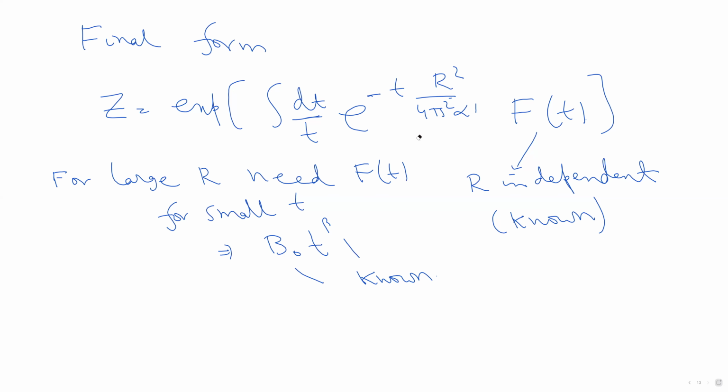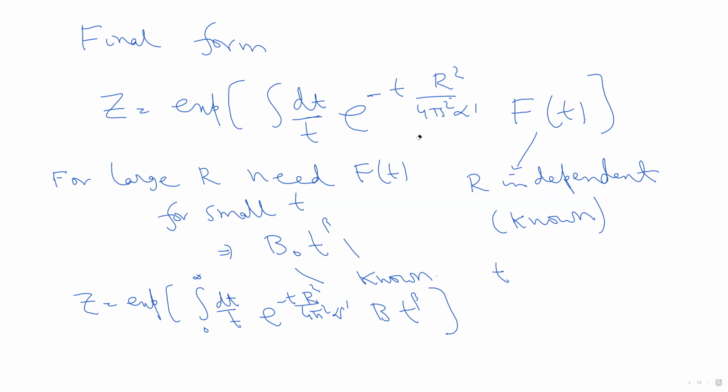So this is clear. Now you substitute it here. You get Z equals exponential of the integral dt over t, minus p r square over 2 pi square alpha prime, b naught t to the beta. Now you can define t equal to u times 4 pi square alpha prime over r square.